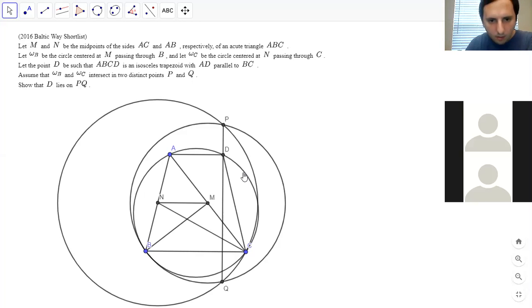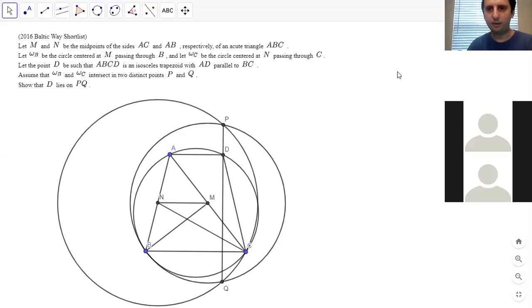So we need to prove that DM squared minus MB squared is equal to ND squared minus NC squared. And we can calculate ND squared by using this property that I wrote in the chat.